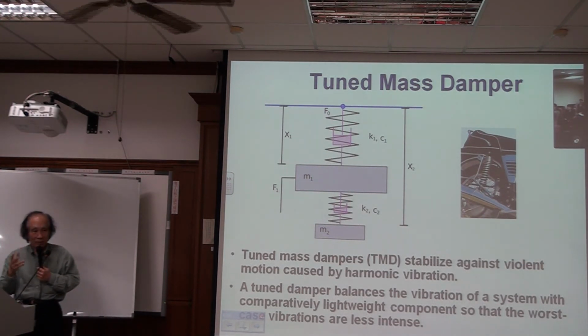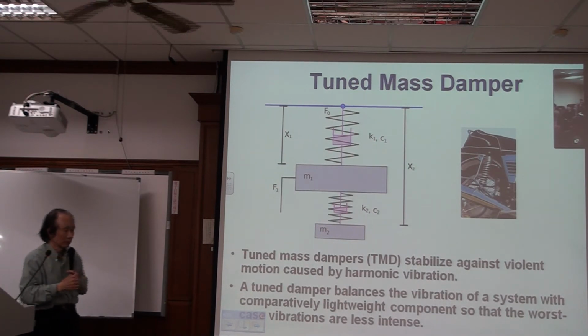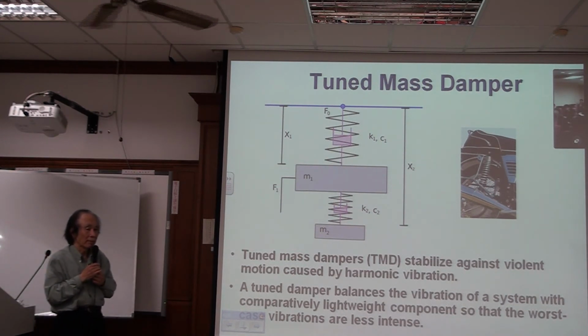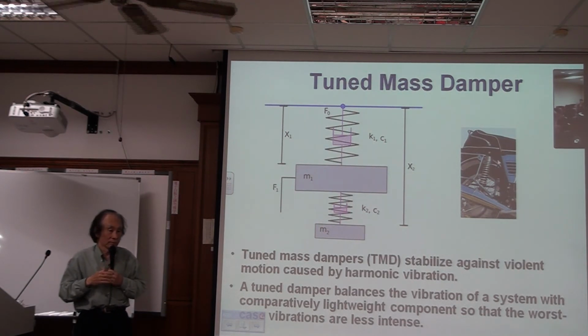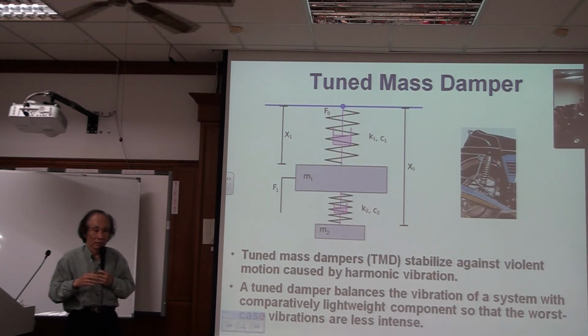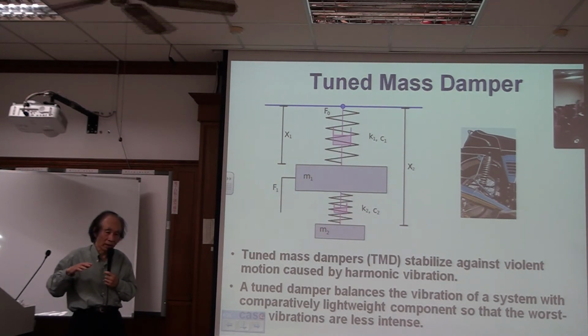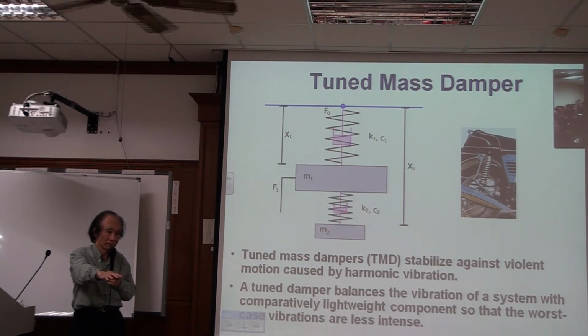All right, if you have a motorcycle or a car, you do have a tuned mass damper. You look at this one here. This is a motorcycle. The tuned mass damper, what does it do for you? Because if you ride a motorcycle or a car on an uneven road, then what happens?